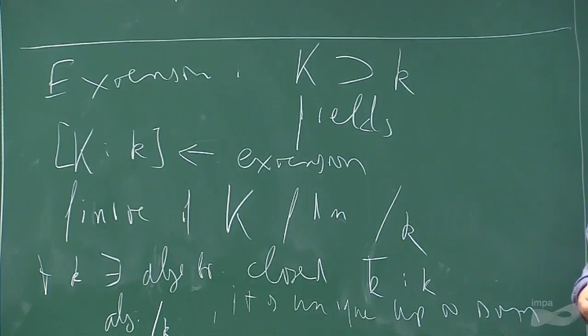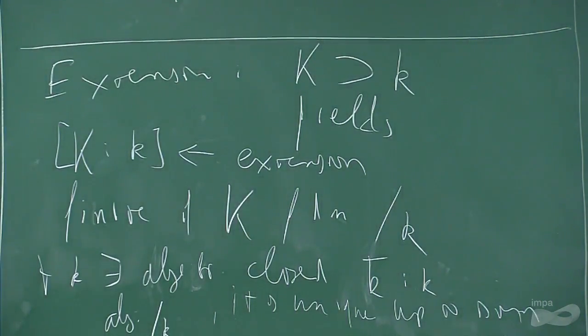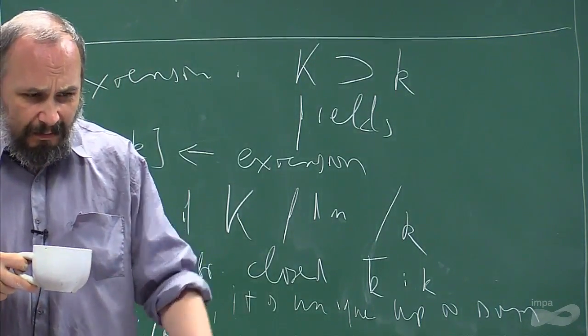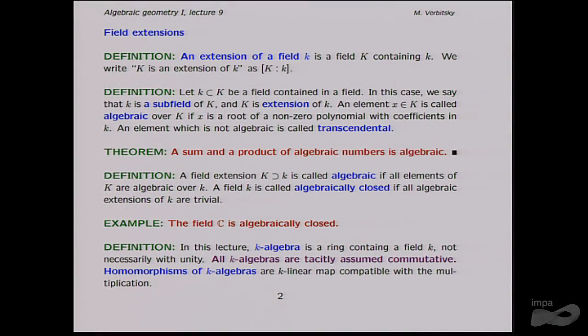At some point, unfortunately, I would have to use this. Well, if you like, I can actually prove this. The proof is sort of complicated, and there are several ways of doing it. We can discuss at the end of today's lecture what we want to do with Galois theory.